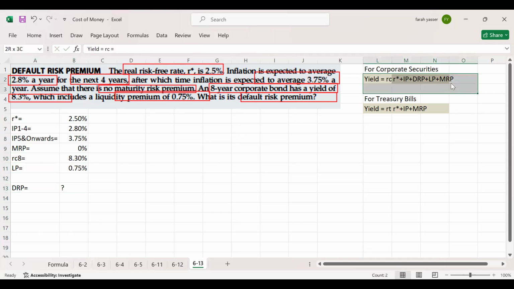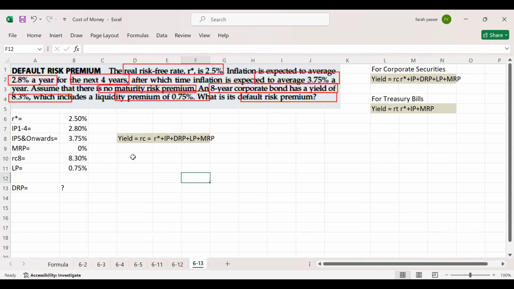The formula is this. RC8 is given, which is 8.3%. On the other side, real risk-free rate of return 2.5% is given, plus inflation. Now, inflation is not given for 8 years.